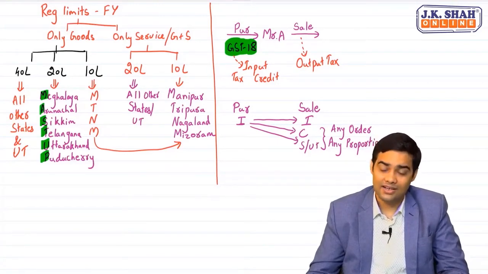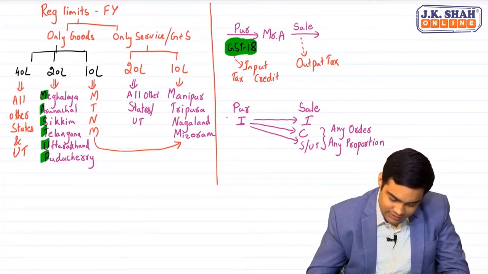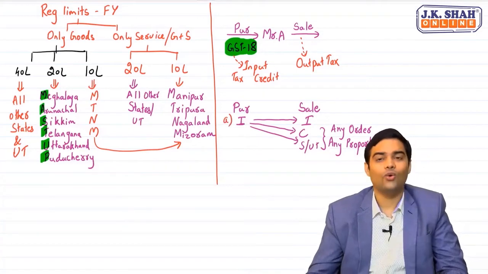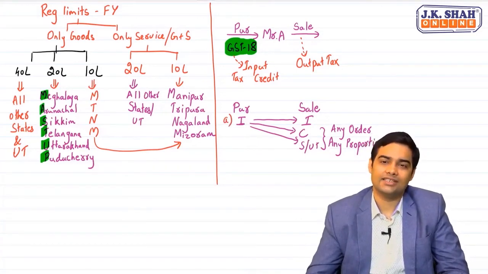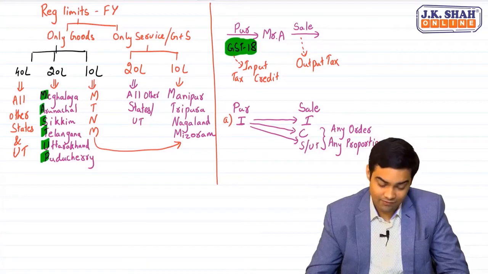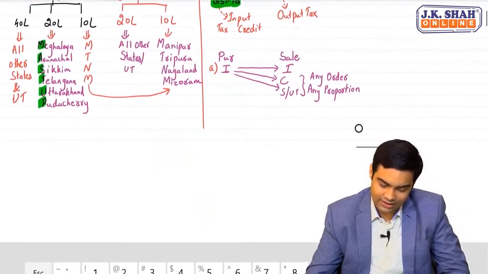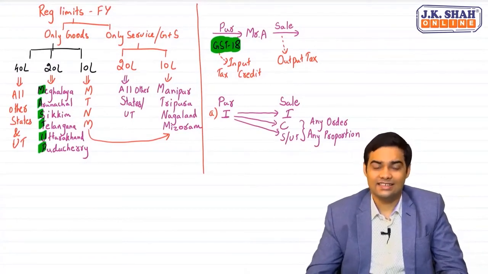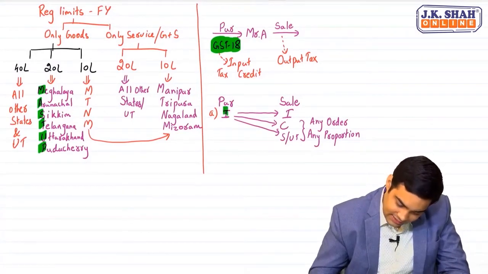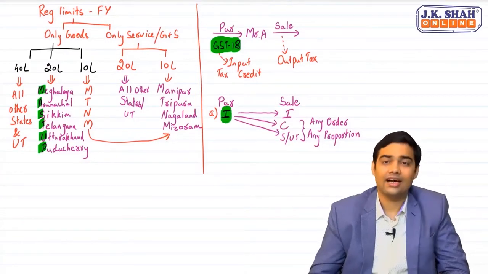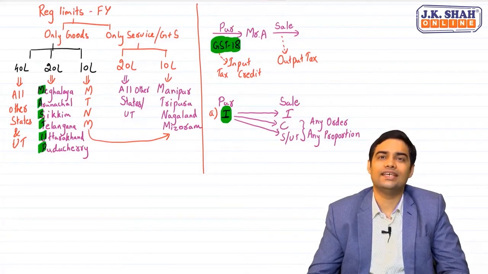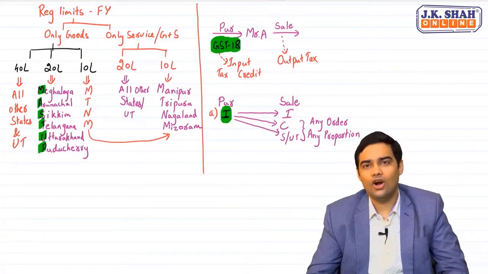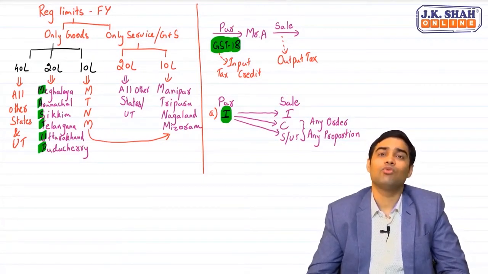But remember, first you have to adjust I with I. Only then can I be adjusted against C and S. Be very careful about this particular aspect, because the law also provides that you have to utilize IGST on purchase completely before using the credits of C and S. You cannot use the credits of C and S until and unless you have utilized I completely.